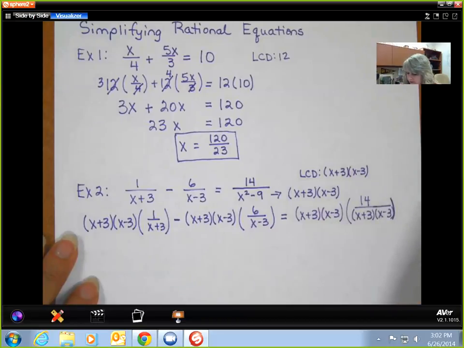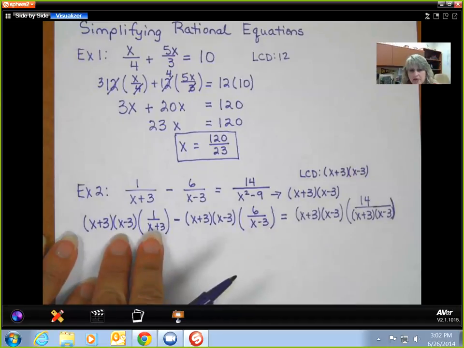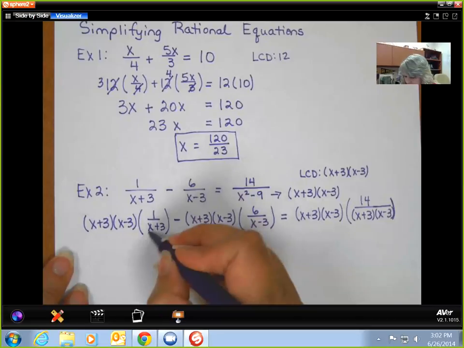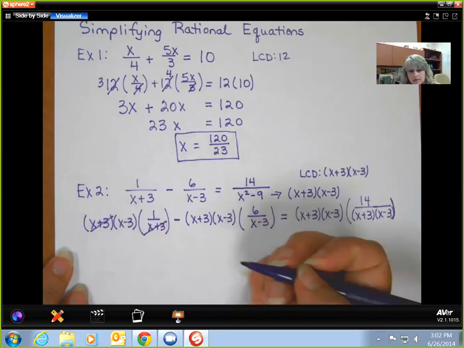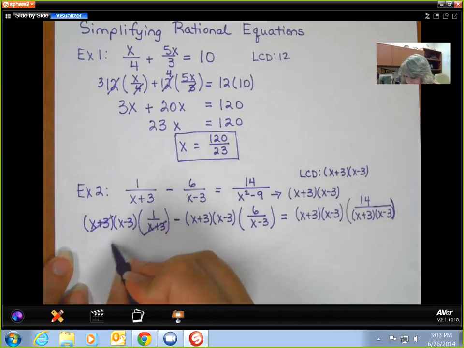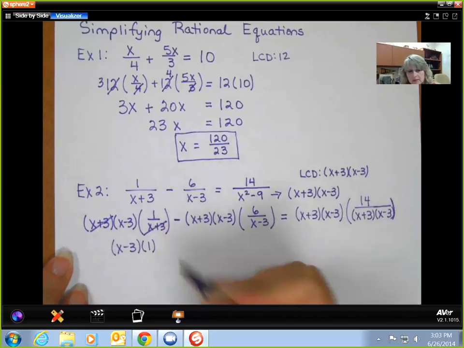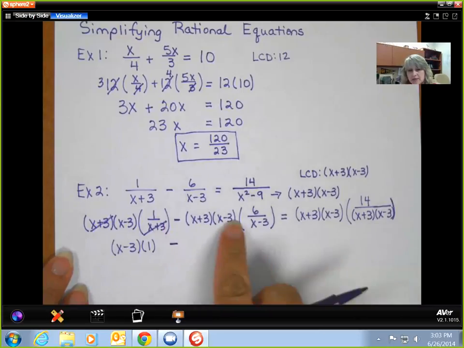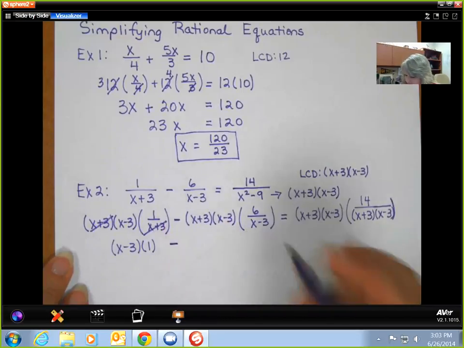Okay, so when we look at this first one, notice we have x plus 3 and x minus 3. They're both whole numbers, so it's like they're sitting over a 1. So the x plus 3 and this x plus 3 are going to cancel out completely. And we're left with x minus 3 times this 1, minus, here the x minus 3's are going to reduce out.